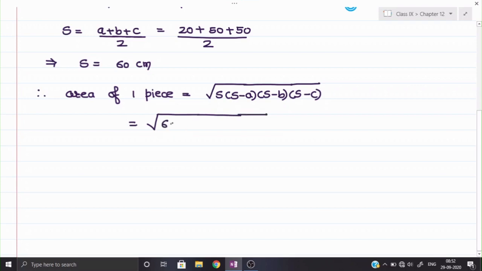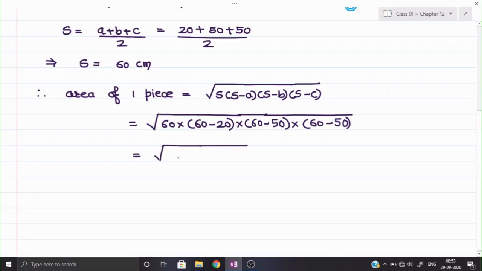So this will be 60 into the bracket, 60 minus 20, 60 minus 50, and again 60 minus 50, because two sides are the same. Now 60 will be as it is, 60 minus 20 will be equal to 40, and the last two values will be 10 into 10.